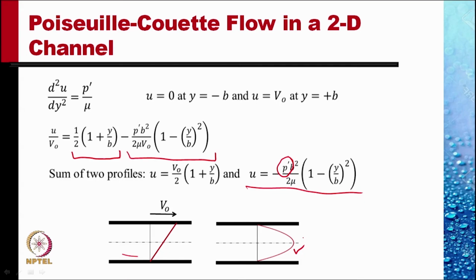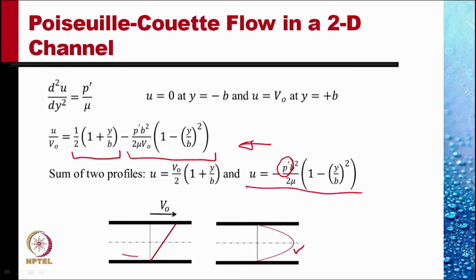This, you can see, is a parabolic velocity profile with a maxima at the middle. The velocity profile here is the combination of the two, depending upon the various values of P prime and v naught.